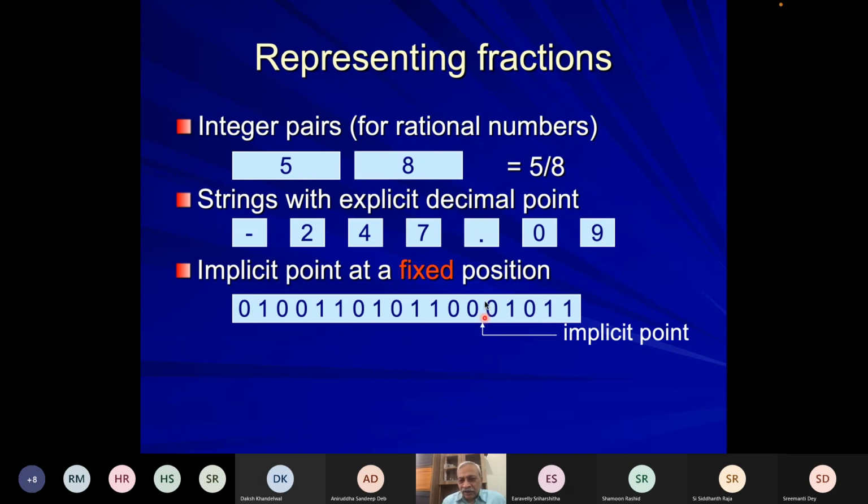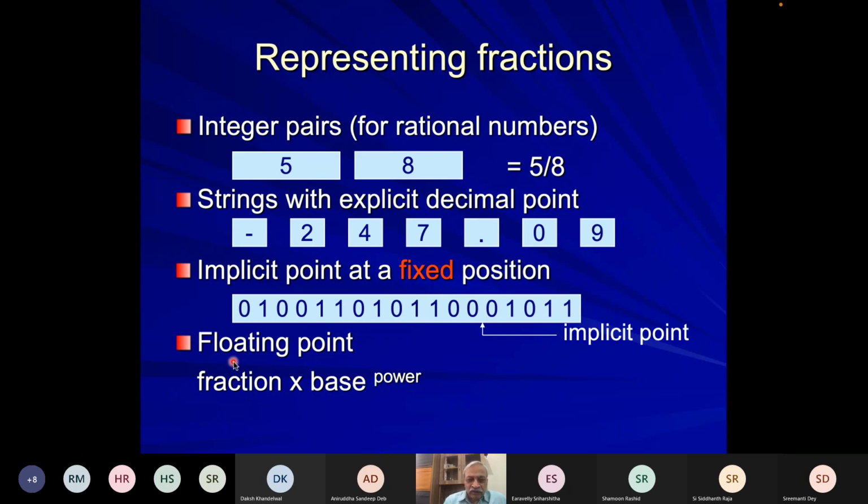Essentially you have an implicit point here. To the left of that is the integer part, to the right is the fraction part. But that does not take care of a large range. So you need floating point numbers, where the position of this point is floating. It could be anywhere and is decided by the base raised to a certain power. So you have a fraction, an implicit base and an exponent or power part.